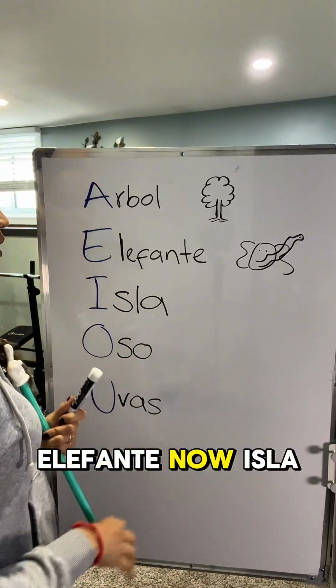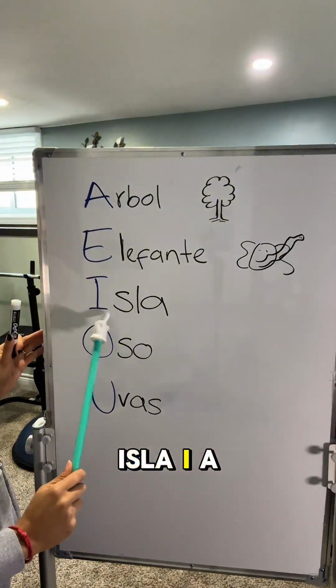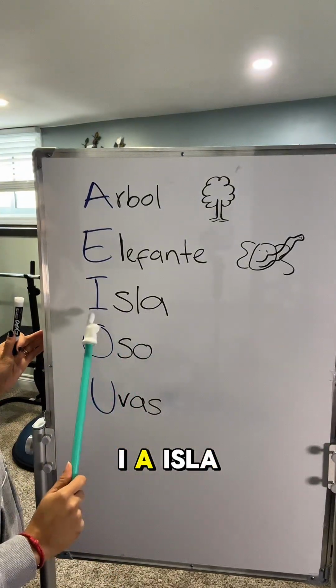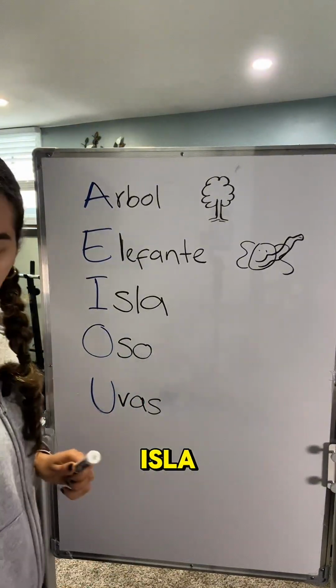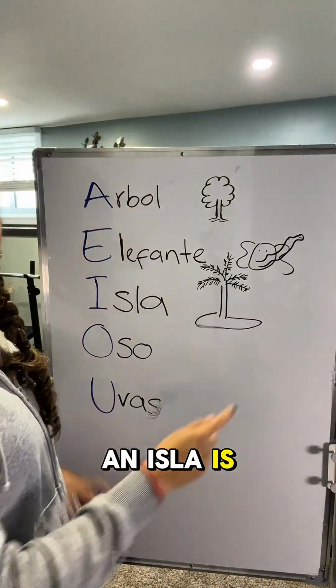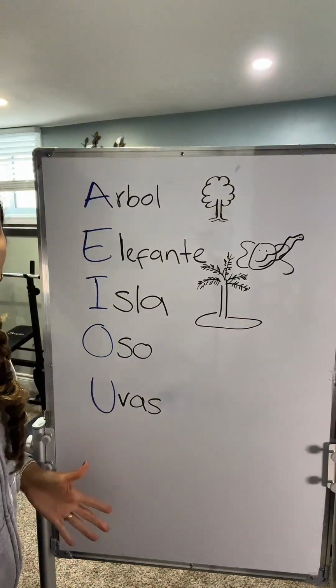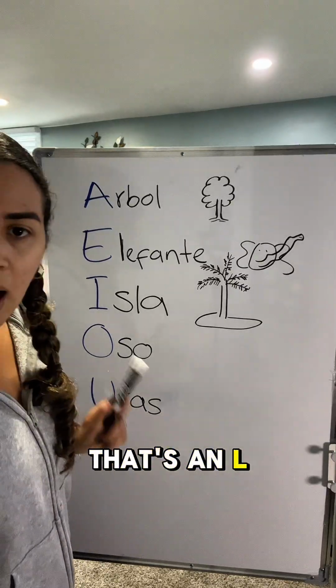Elefante. Now, isla. I, A. Isla. So what is an isla? I, A. Isla. Okay? That's an isle.